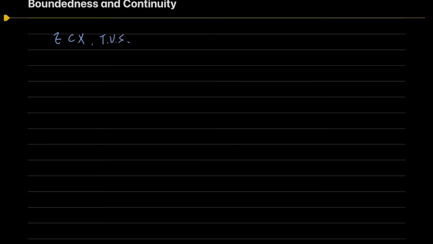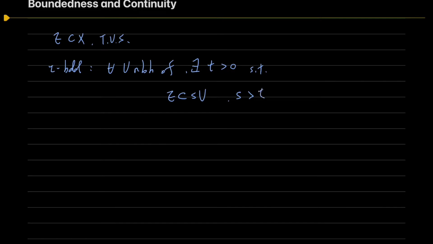In section 1.6, we define that it is bounded in a topology if for every neighborhood V of 0, there exists a real number t such that the set E is contained in sV for every s larger than t. Then we say it is bounded.